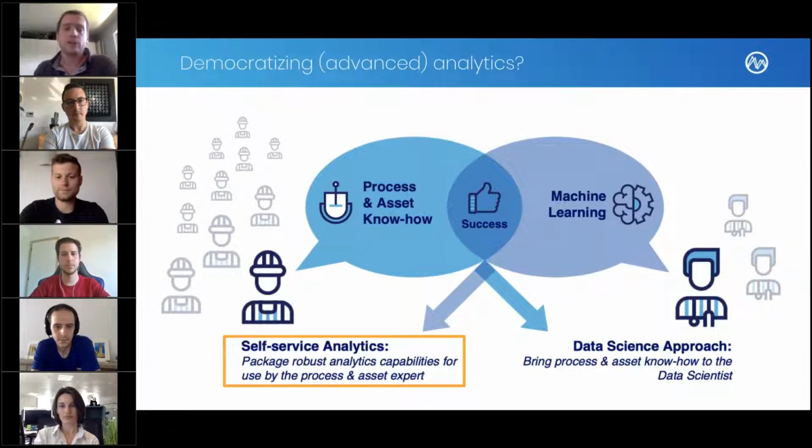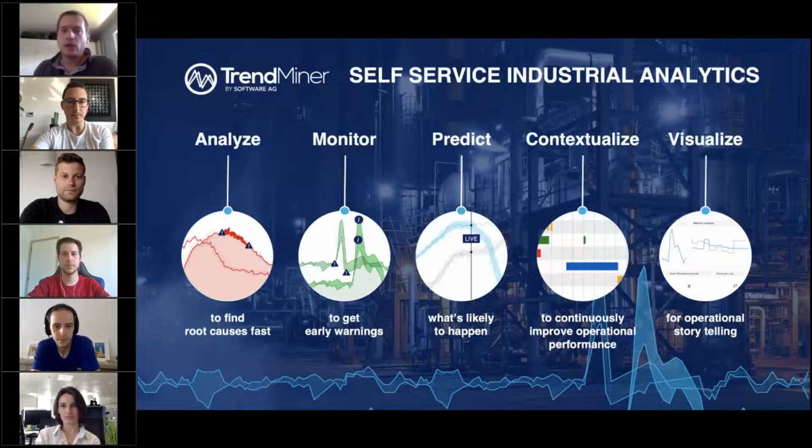And with TrendMiner, we were really one of the first movers, if not the first mover in that space. And it's a market that I think is technologically interesting and it's growing fast, which creates nice challenges for us to tackle. Now, I don't want to elaborate too much on this.